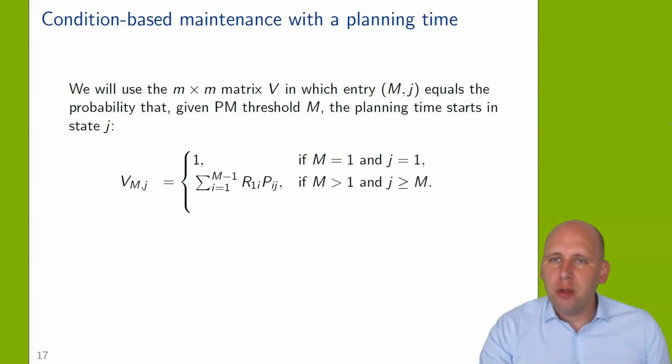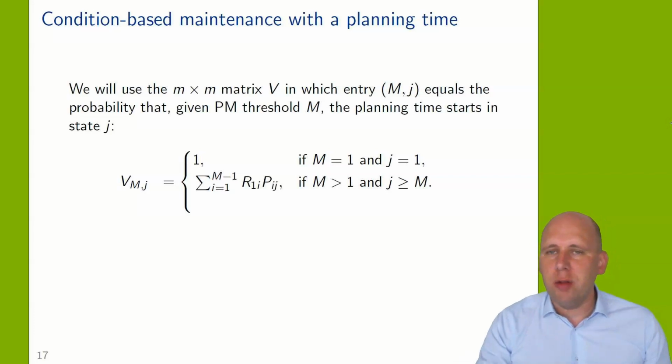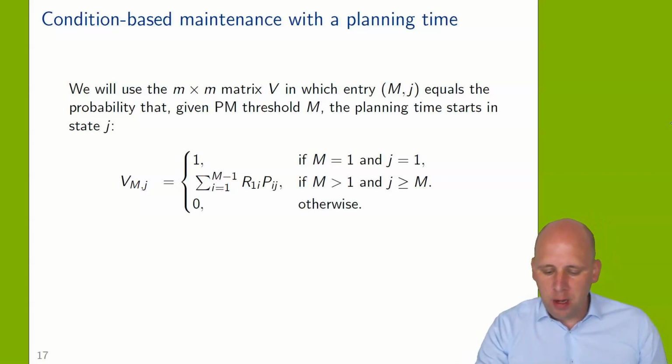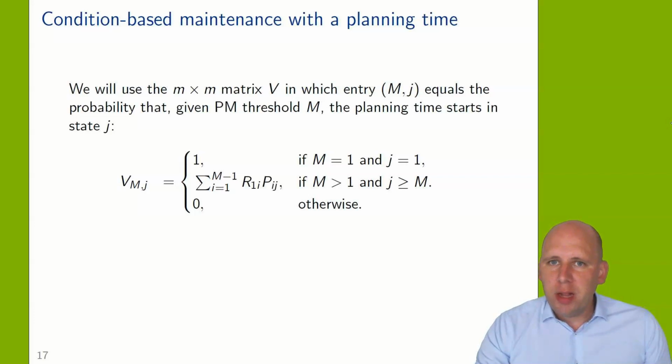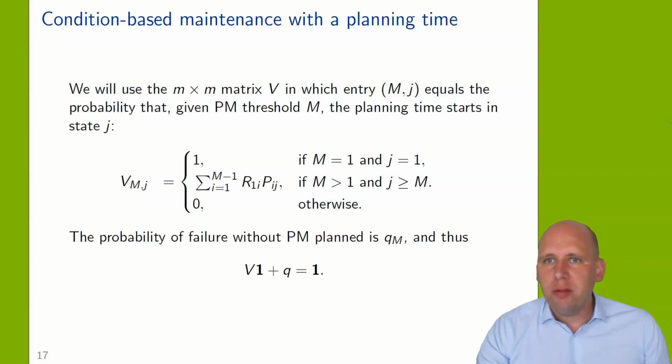For larger values of M, we can jump from any state below M to any state of at least M, and the other entries are all 0. There is a chance of a sudden failure without maintenance having been planned, and therefore the row sums of V are not 1, but if we add the factor with sudden failure probabilities, then we get the 1 factor.